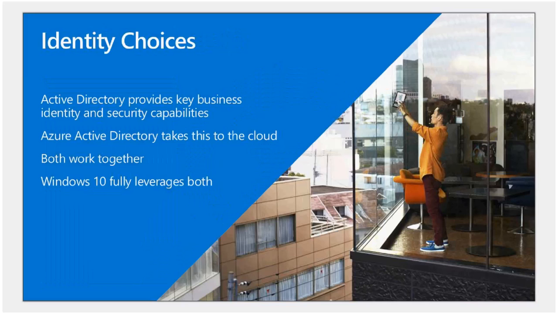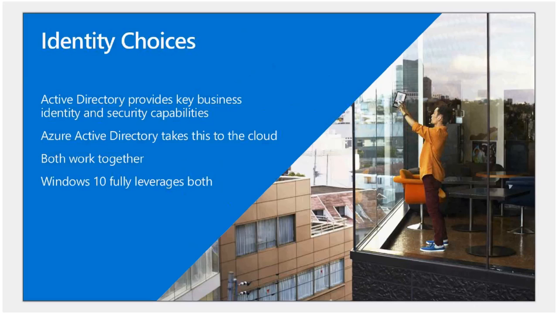So let's talk a little bit more about identity then. Azure Active Directory, as we mentioned before, provides key identity and security capabilities for most organizations. Azure Active Directory takes this to the cloud. We don't really expect anyone to just overnight decide to flip from one to the other.